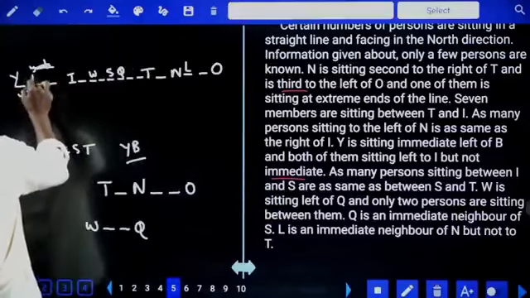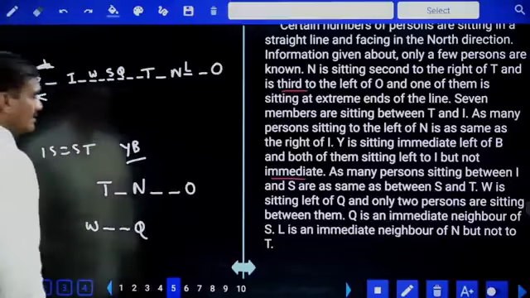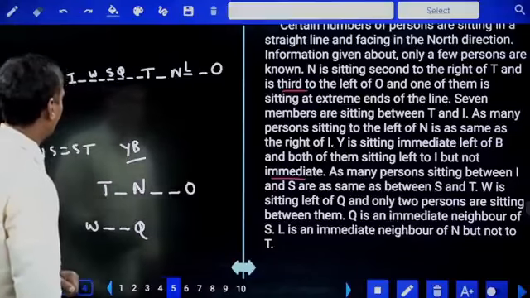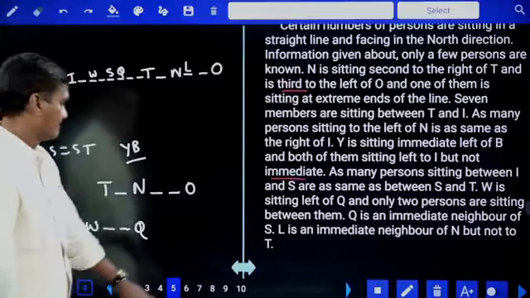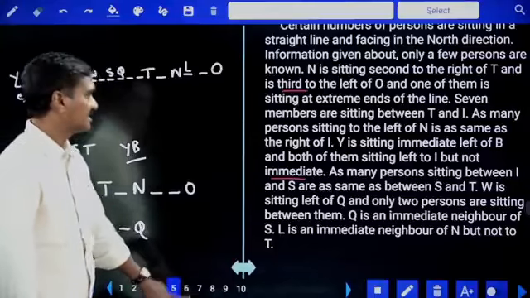Hence Y is at the first place, B is at the second place. Done. This is the final arrangement we have regarding this set number 5. Clear now? Then coming to the next one, set number 6.